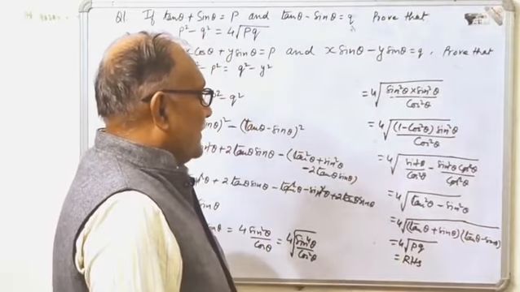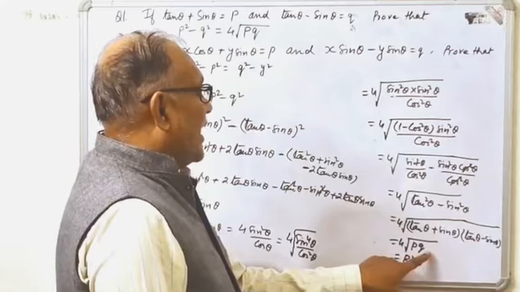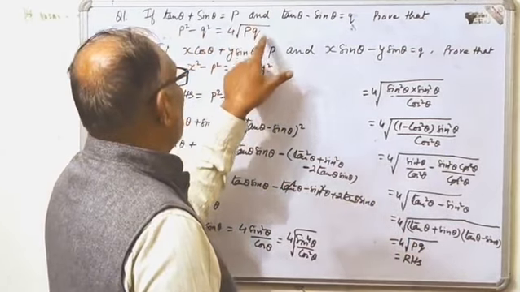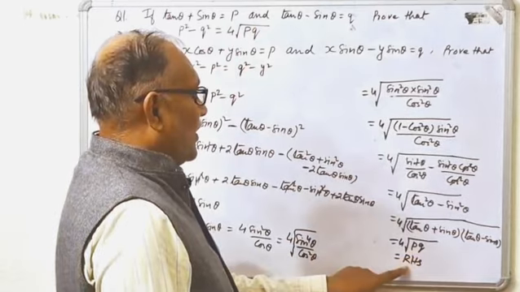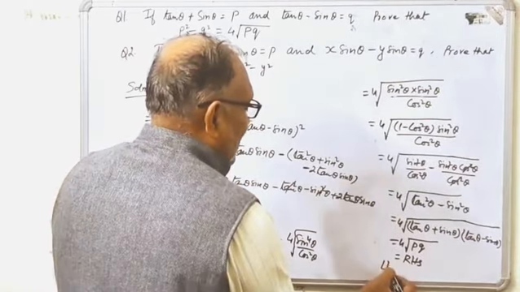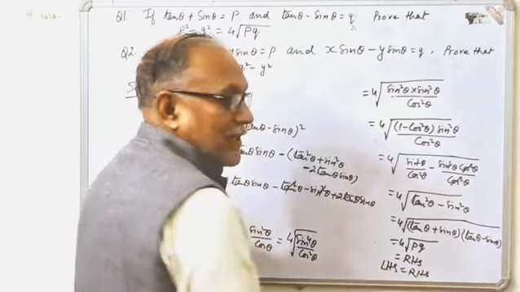So this is what we have been asked to prove. P square minus q square is equal to 4 under root pq, which is equal to RHS. So LHS equals RHS has been proved.